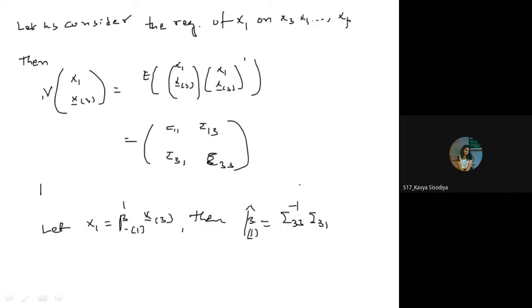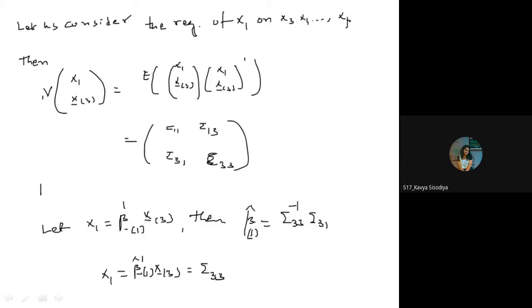So what is the regression line? The regression line of x1 on x3 is given by x1 equal to beta 1 cap transpose x3, where beta 1 cap is sigma 33 inverse sigma 31.